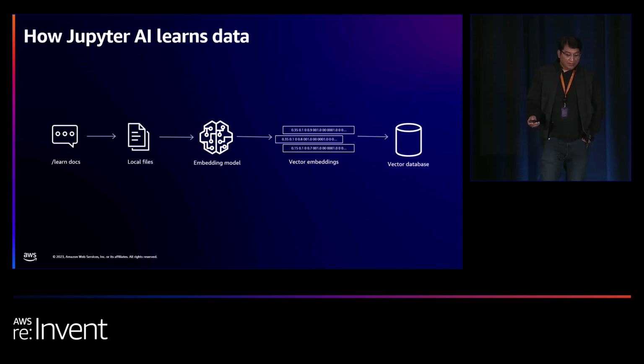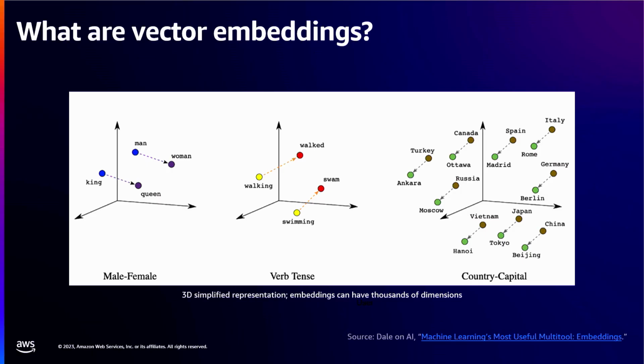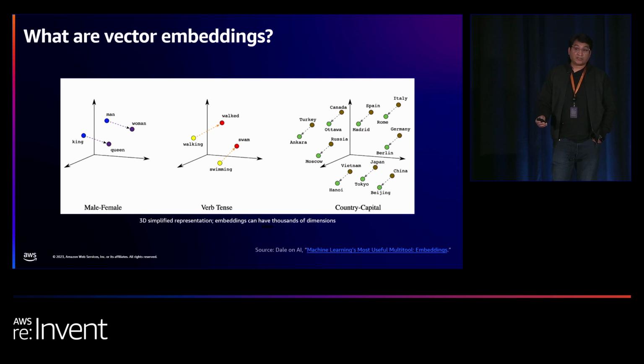And so once it does that, let's see how vector embeddings are helpful and what vector embeddings are. So vector embeddings are a way to represent any data. It could be text, images, video, audio, into points in space, where those points in space are semantically meaningful.